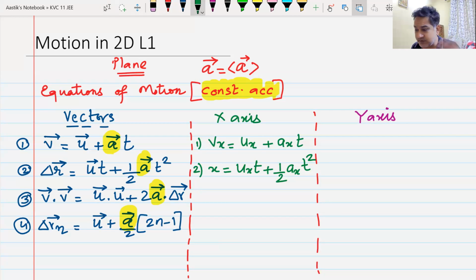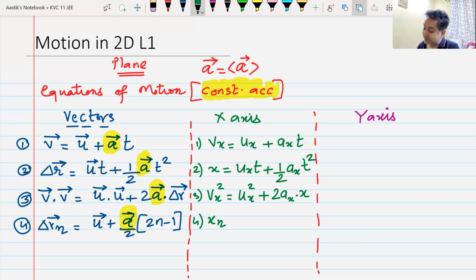No, it is the same equation, but I just put x so that I remember that this is the equation along x. The third equation will be vx square equal to ux square plus 2 times the acceleration along x multiplied by x. The fourth equation is the displacement in the nth second, which would be equal to ux plus ax by 2 into 2n minus 1.